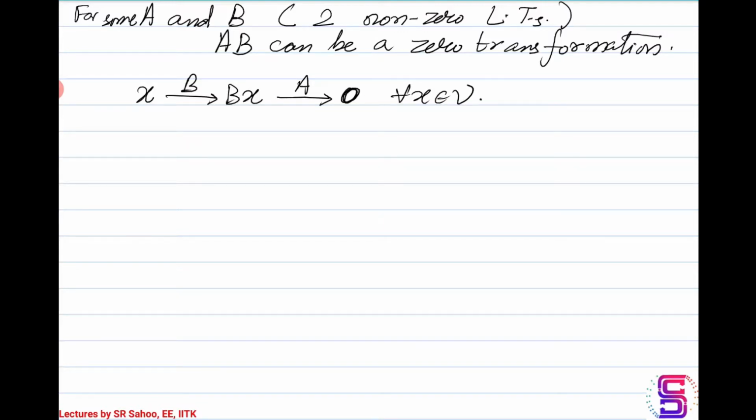So the product AB essentially in this case will become equal to 0 if this happens. And this is possible.